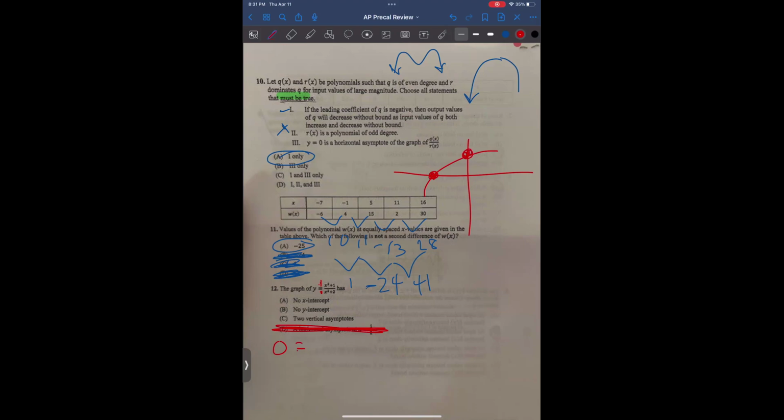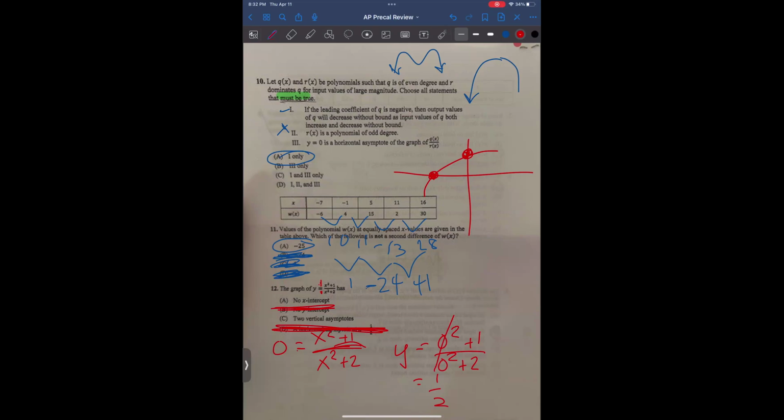I want to do the y-intercept first because it'll be easier. If x is 0, that's 0 squared plus 1 over 0 squared plus 2, which equals 1/2. So is there a y-intercept? Yes. So B is not an option.